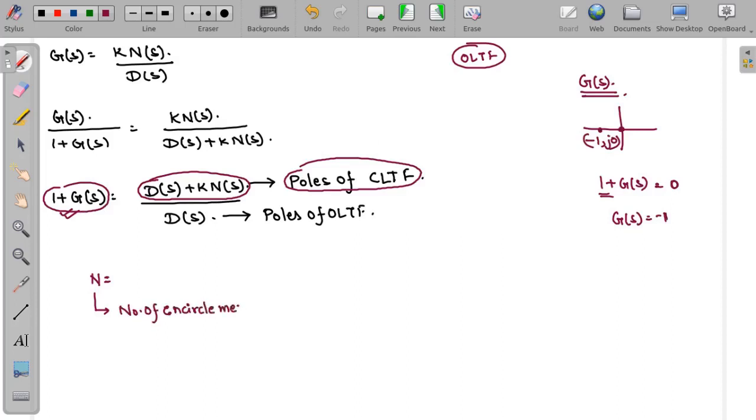Okay, and that is given by what? If it is a pole dominant system, then that is equal to the number of poles of this characteristic equation. Let me denote it by P and the zeros by Z. So this will be equal to P minus Z. Now I have considered P, the number of poles of the characteristic equation, to be greater than the number of zeros. If that is the case, this is a pole dominant system, so the number of encirclements is in the anti-clockwise direction. Why?